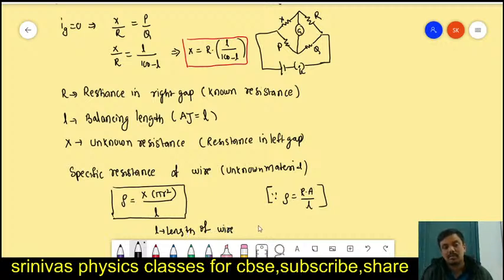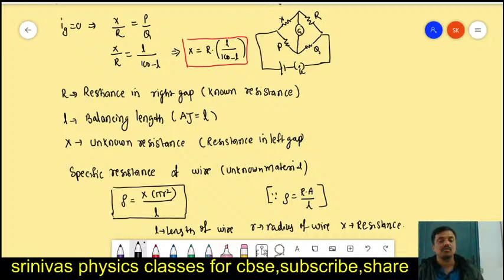R is the radius of the wire, and X is its resistance. If you substitute all values, you will get the specific resistance. Okay, right? This is how to measure the unknown resistance and specific resistance by using a meter bridge.